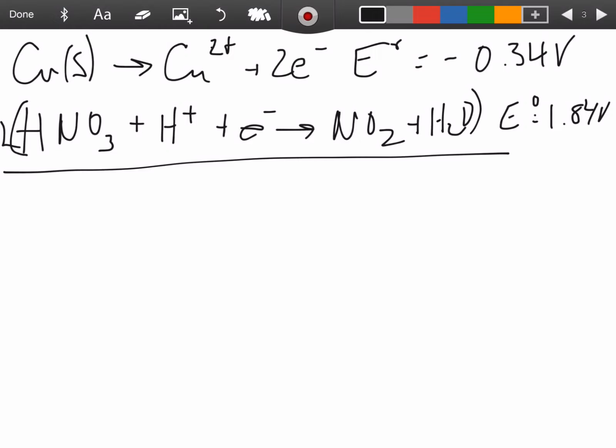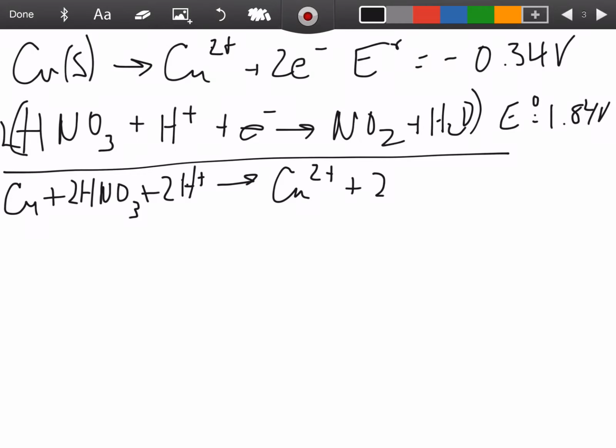All right, and so now when I add these two things together, I have copper plus 2 nitric acids plus 2 H plus, and I'm not going to put the 2 electrons in there because those will cancel out, and I kind of need my room here. And the products here are copper 2 plus and 2 NO2s and 2 waters.